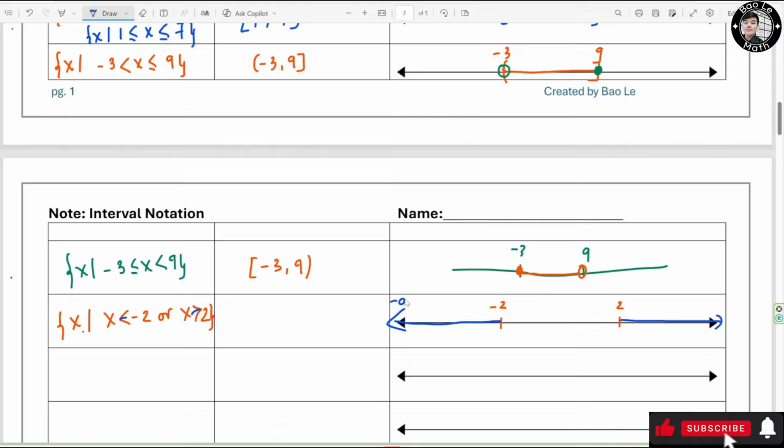So this one is negative infinity, this one is positive infinity. You don't see the equal sign, so this one should be open circle, this one should be open circle, right? So the interval is negative infinity, negative 2, 2, positive infinity. Alright, now if you combine these two guys, we're going to use the union symbol.